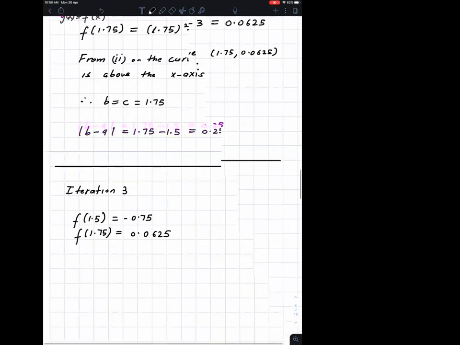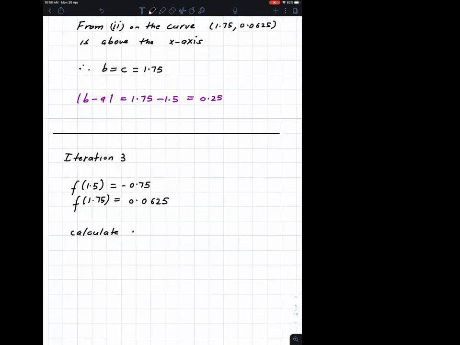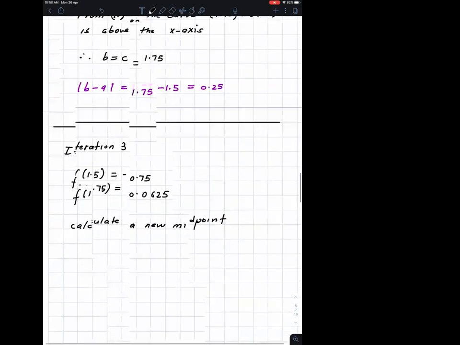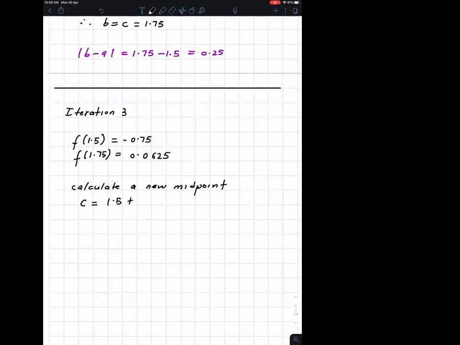Calculate our new midpoint. C is equal to, any question? So you take the endpoints of the interval and divide by 2.